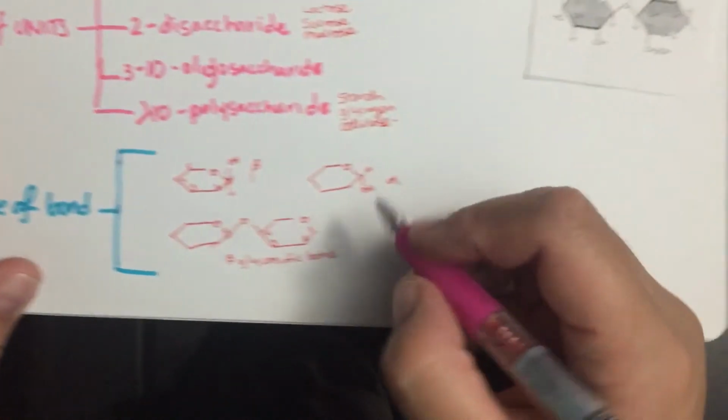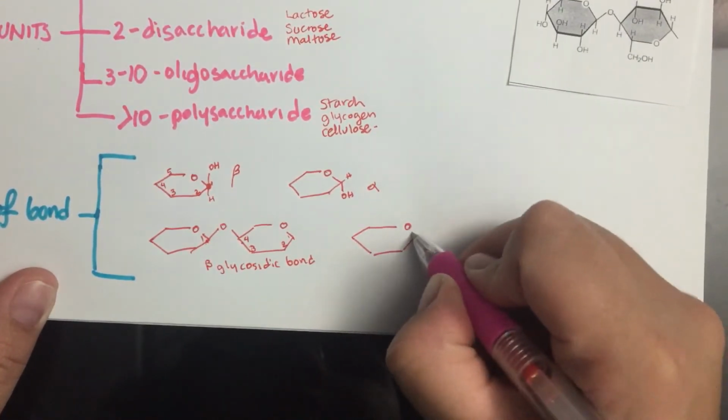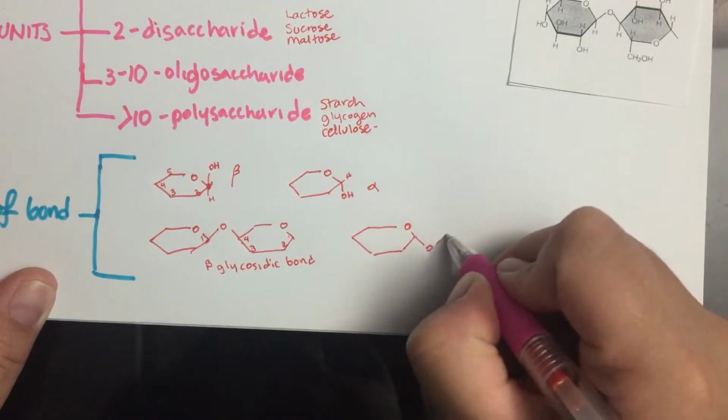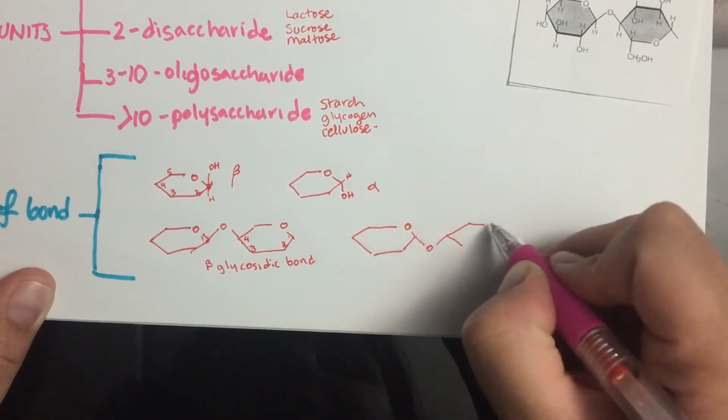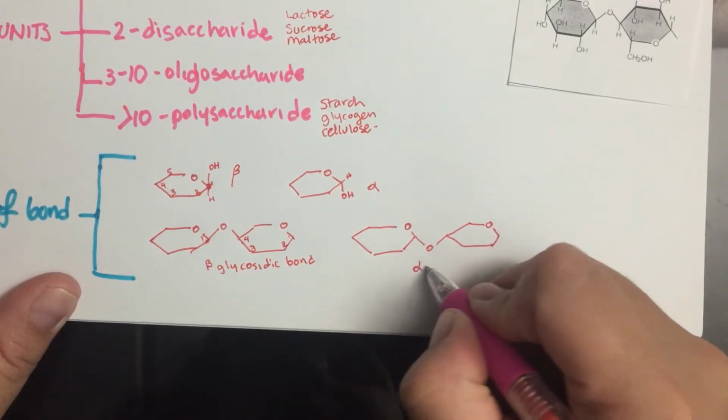And we can have the other version as well. If that bond is going downwards, it would be an example of an alpha glycosidic bond.